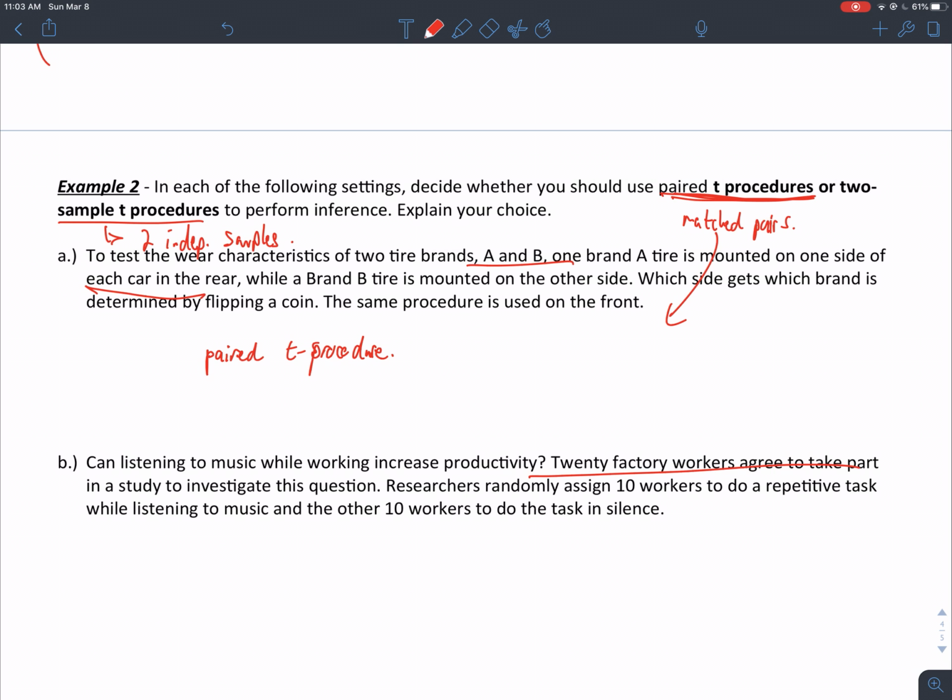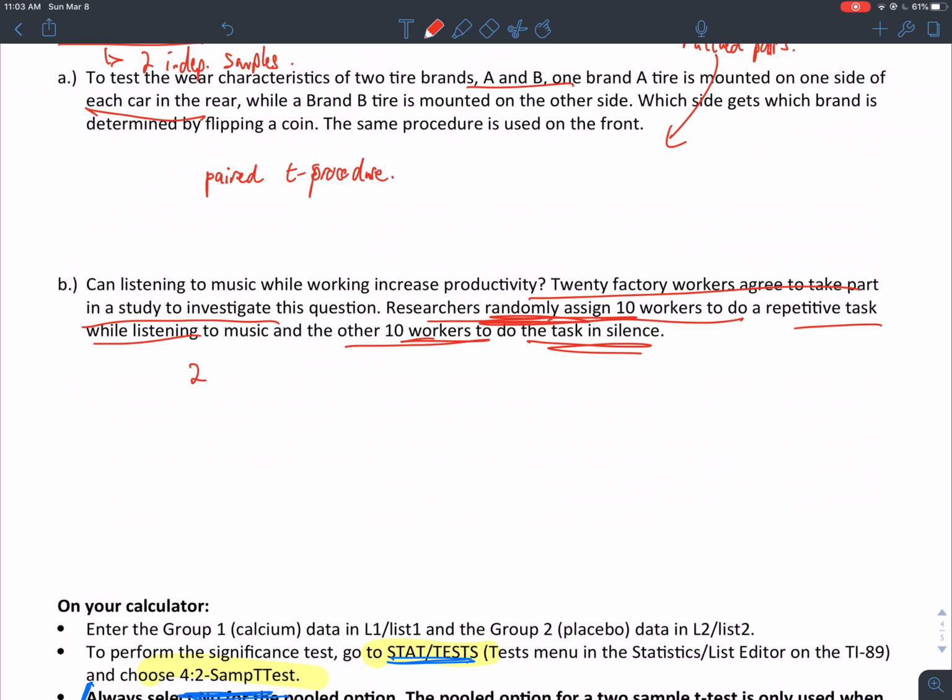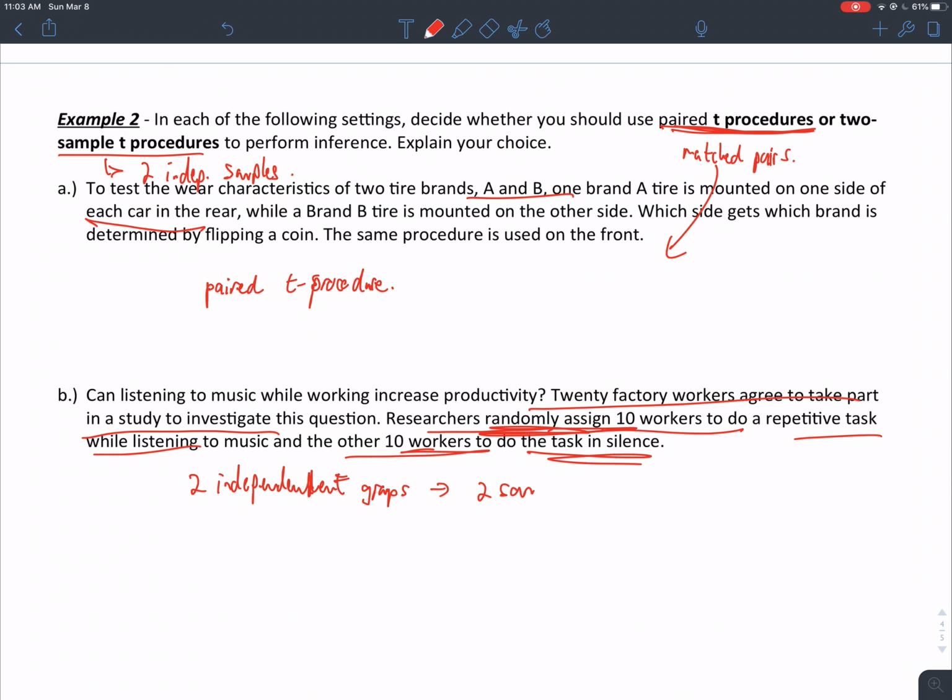And then, 20 factory workers agree to take part in a study. Researchers randomly assign 10 workers to do a repetitive task and 10 workers to do a task in silence. That's two independent groups. Because I have two independent groups like an experiment, this would definitely be a two-sample T procedure.